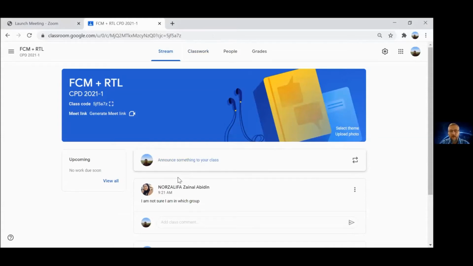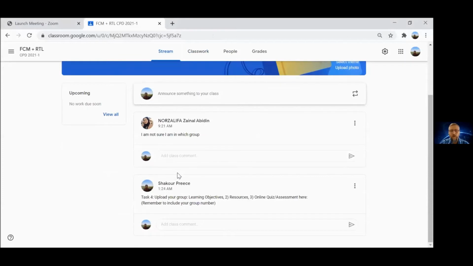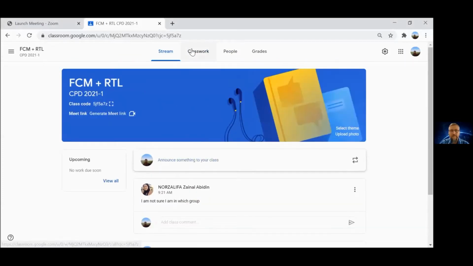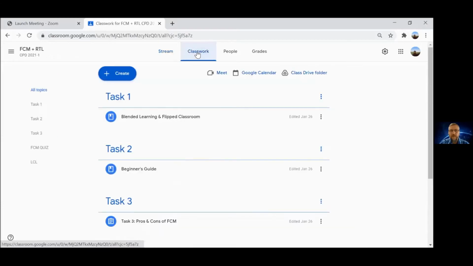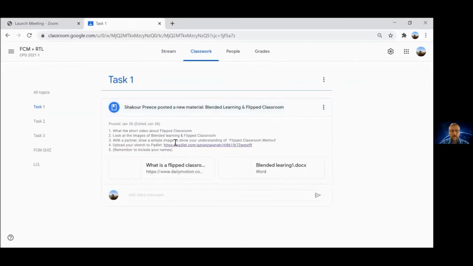When we come to the practice, this is where you will put your materials, your learning outcomes, your resources. This is in classwork where you will see the information or the tasks. If we open task 1, it tells you that you're going to watch a short video and do something.